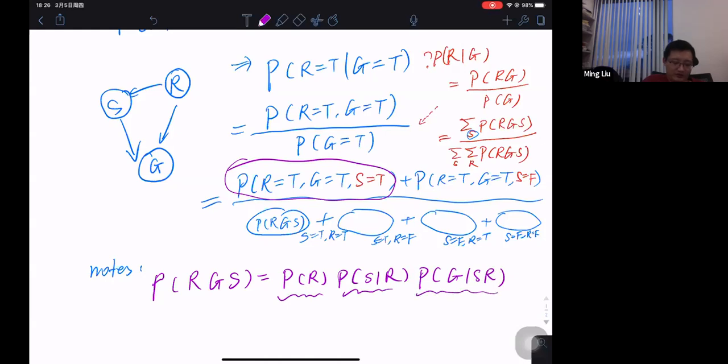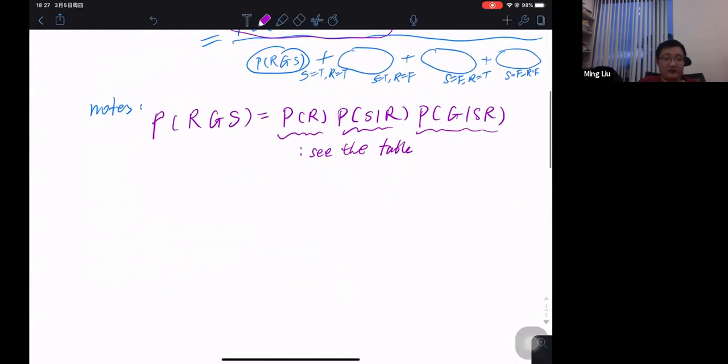You just see the table, because you have different states for R, S, and G. That's the table shown in the original question. That's how you solve the problem, right?